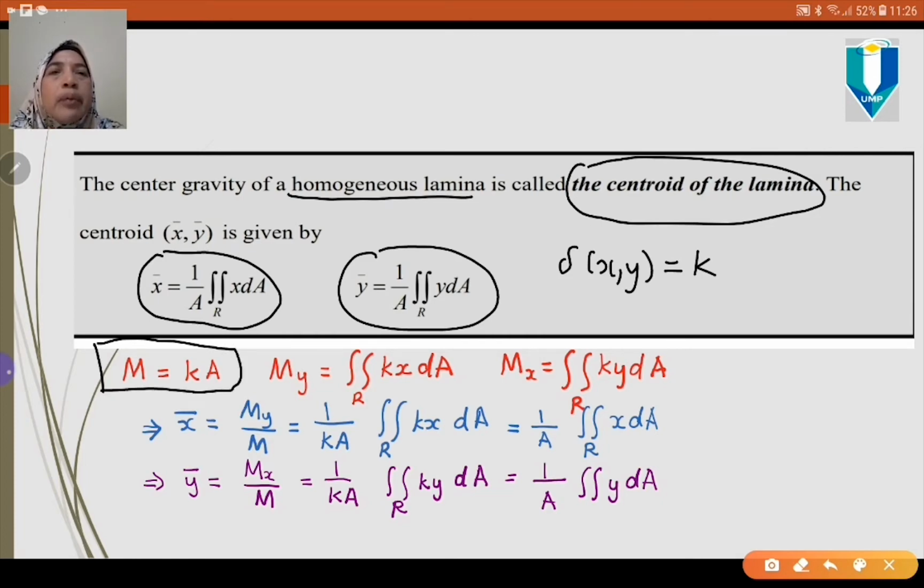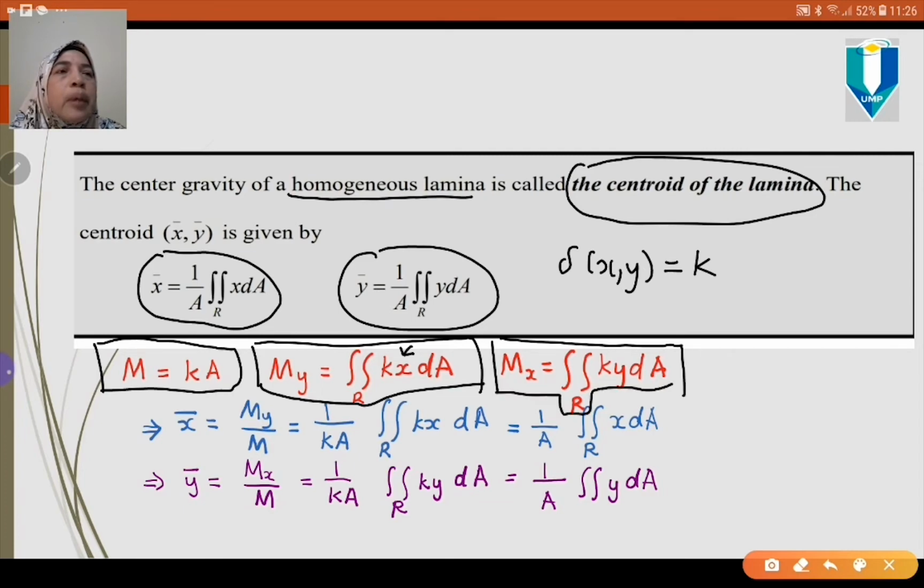This is the formula of the mass for a homogeneous lamina: you multiply the density function by A. For the moment about the y-axis, you integrate the density function multiplied by the distance from the y-axis, which is x, with respect to dA. You also need to find the moment about the x-axis, which is the double integral of the density function k times the distance from the x-axis, which is y, with respect to dA.